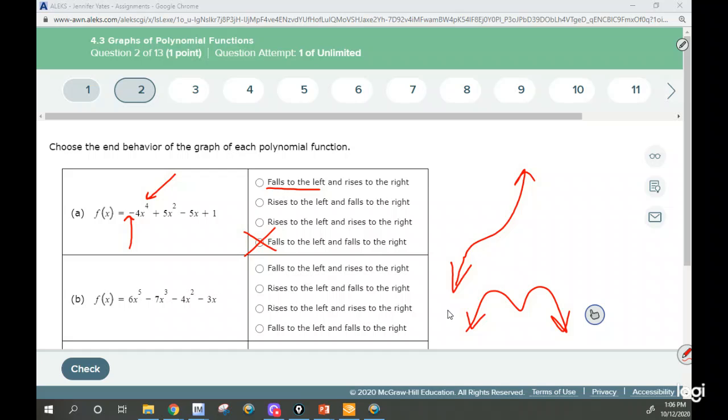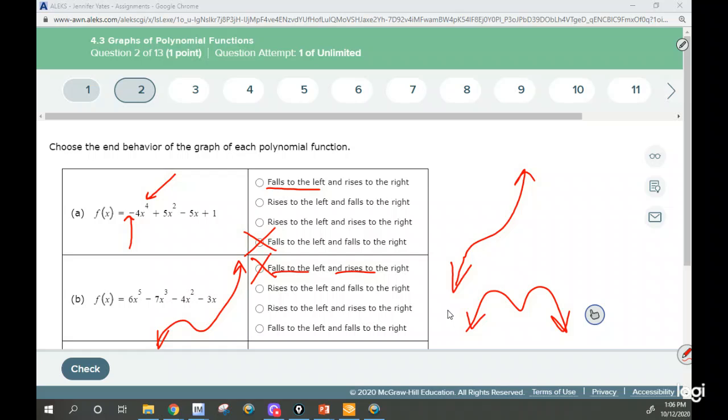This guy is odd. So what do you know about the arms? Opposite directions. But it's positive, so what arm is in the air? So it looks something, who cares, like this. All right. What's it doing on the left? Falls. And what does it do on the right?